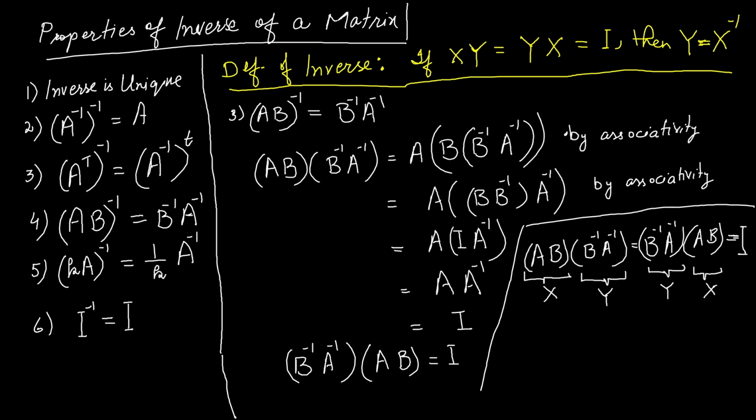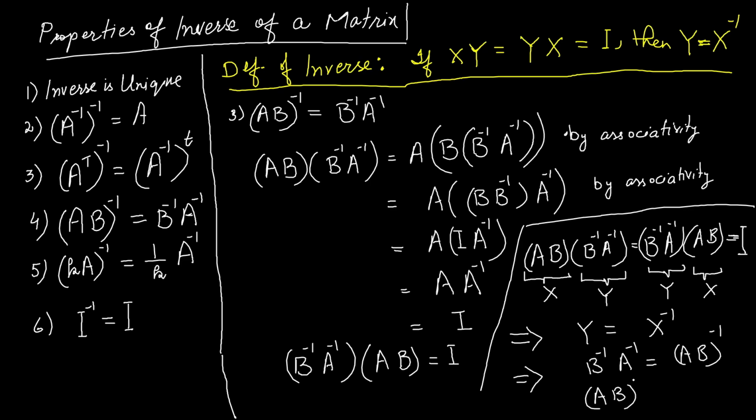Imagine AB is X and B inverse A inverse is Y and compare it with the definition of the matrix inverse. We have Y equal to inverse of X or B inverse into A inverse is equal to AB whole inverse. Just change the order and we have our desired result.